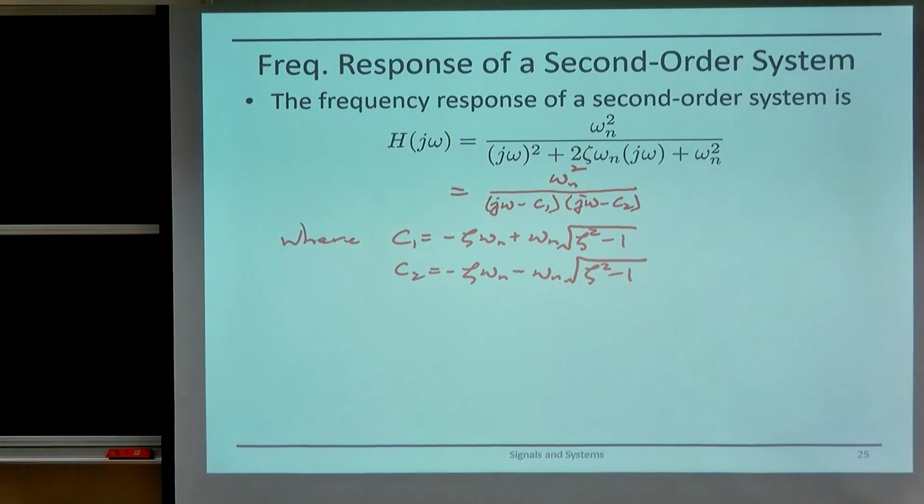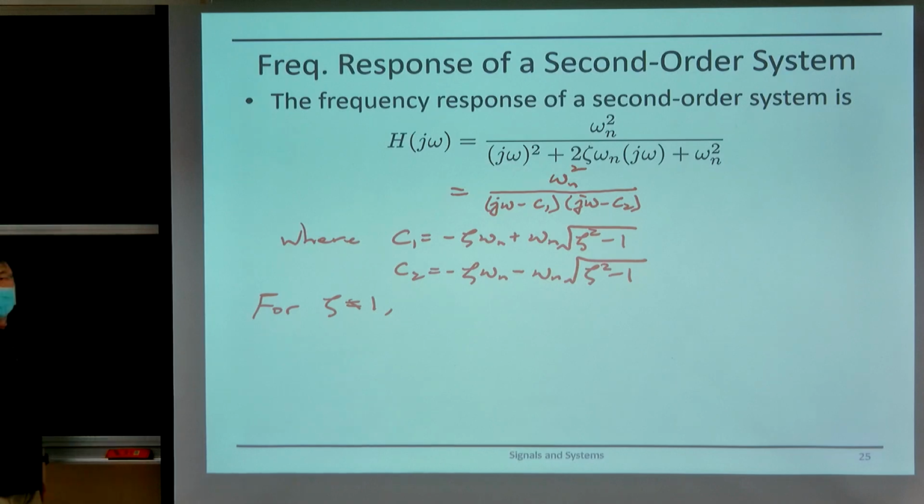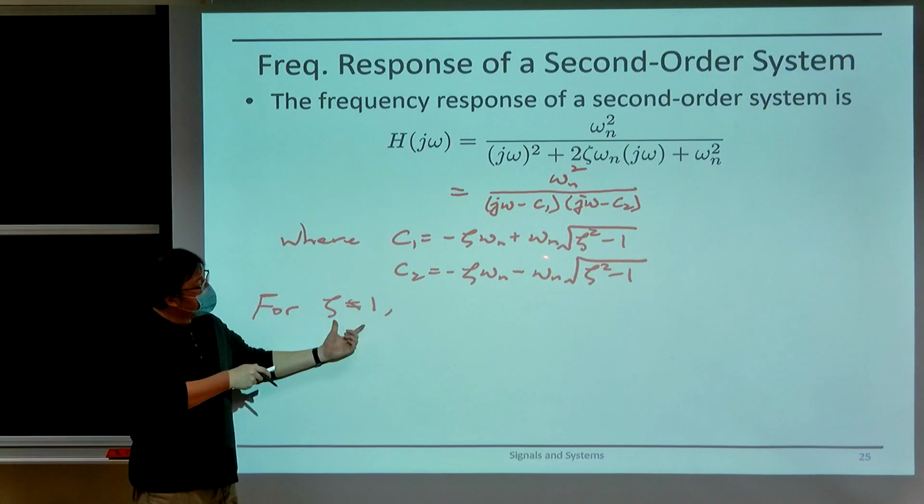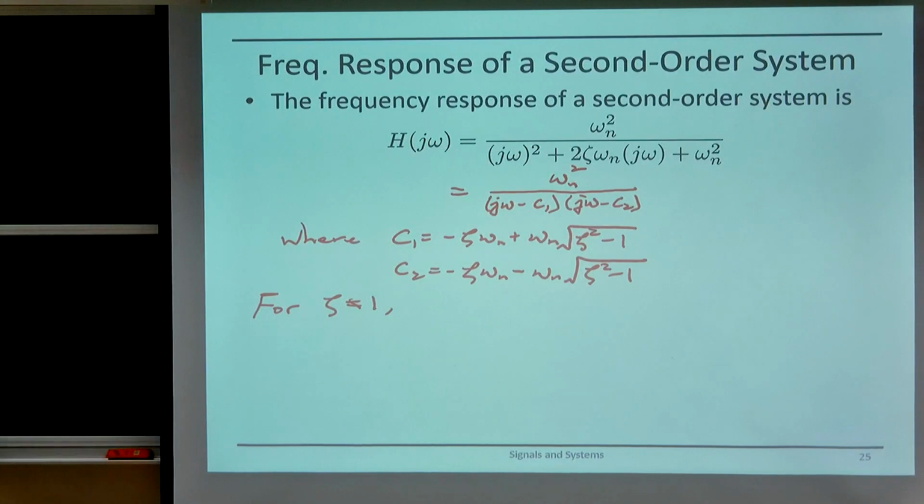Now we can split into two cases here. One is for c1 equal to c2, and the other is for c1 not equal to c2. This corresponds to the case where zeta is equal to 1 or not equal to 1. When zeta is not equal to 1, this term would be non-zero, and c1 would not be equal to c2.